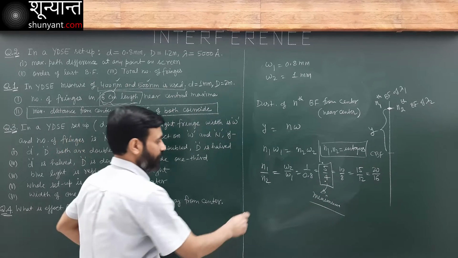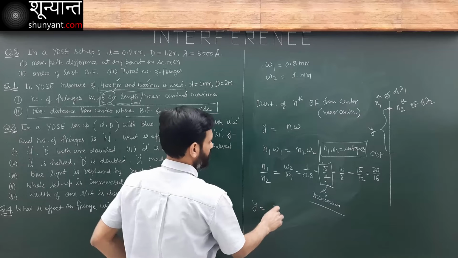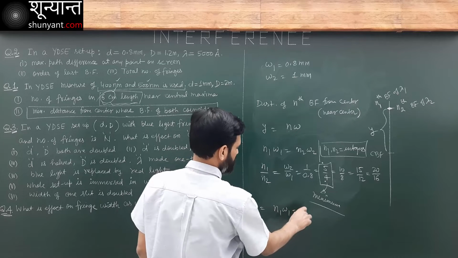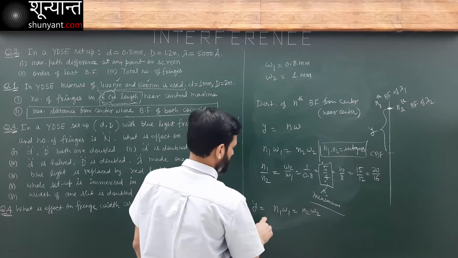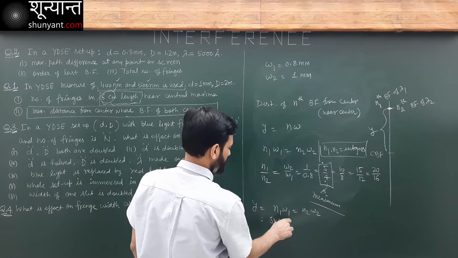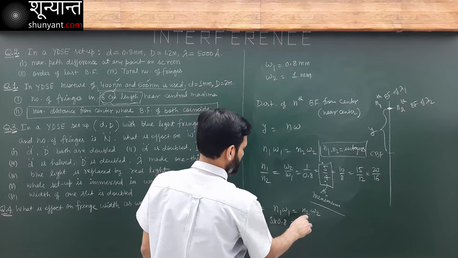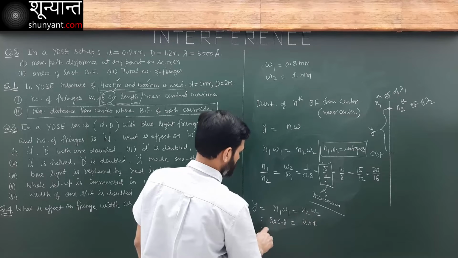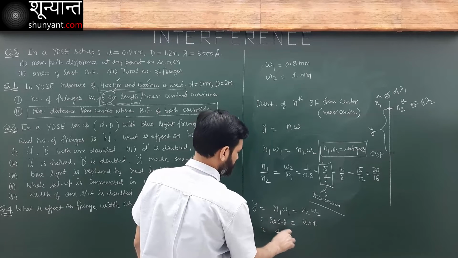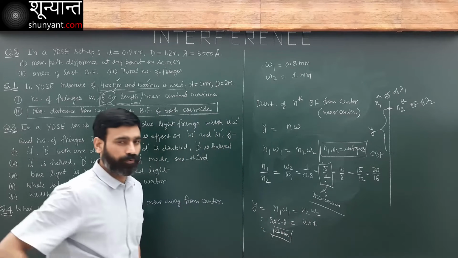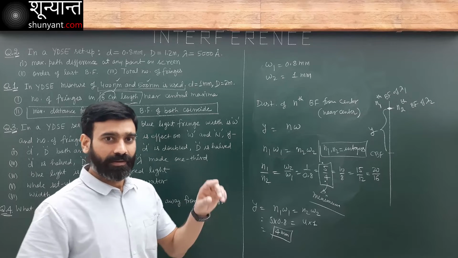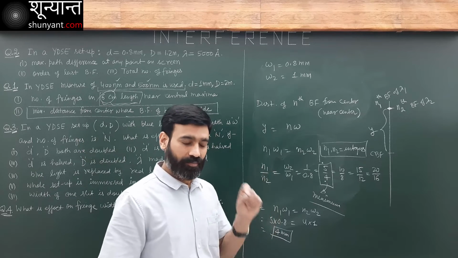So what will be y? y will be equal to N1 omega 1, which is N2 omega 2. Fifth bright fringe times 0.8 will be equal to fourth bright fringe times 1. This becomes 4 millimeter. 4 millimeter is the minimum distance from the center.